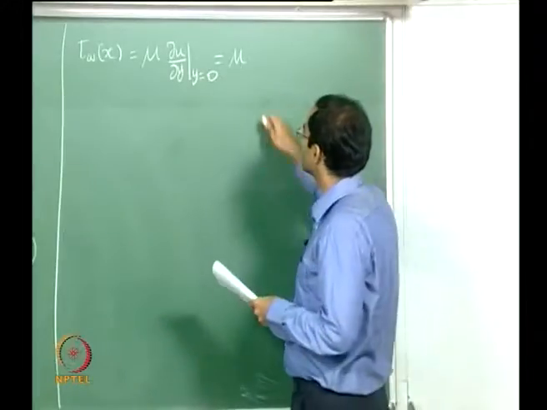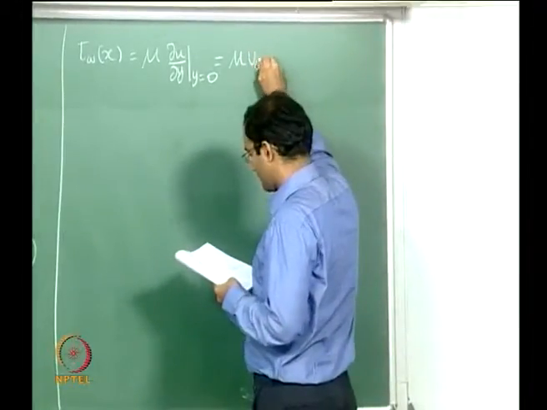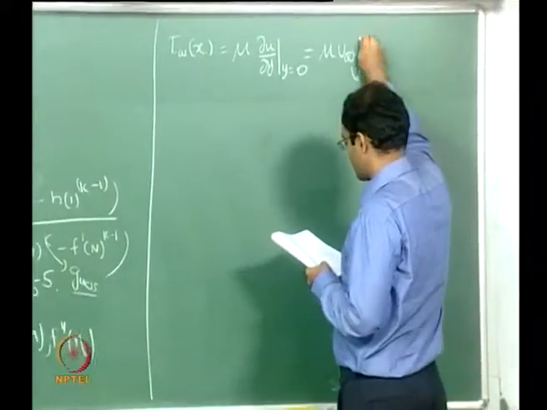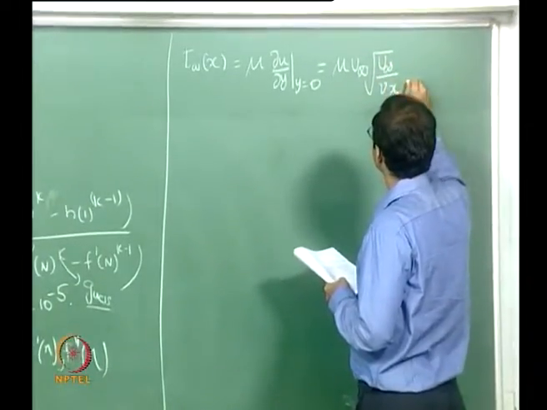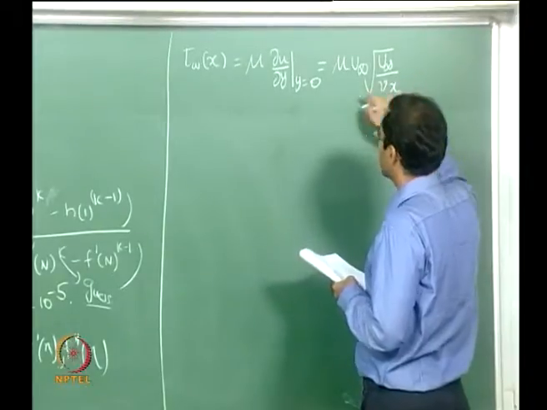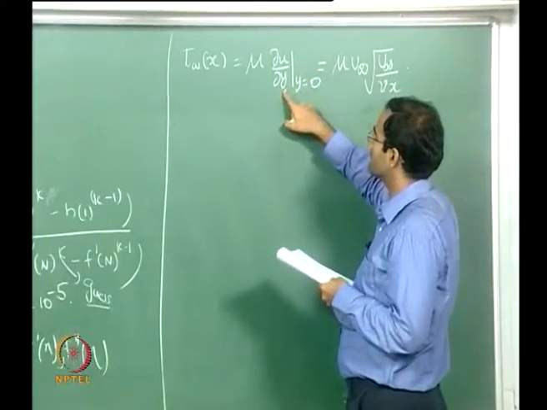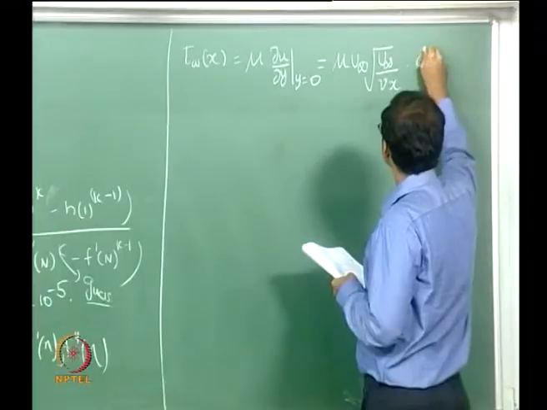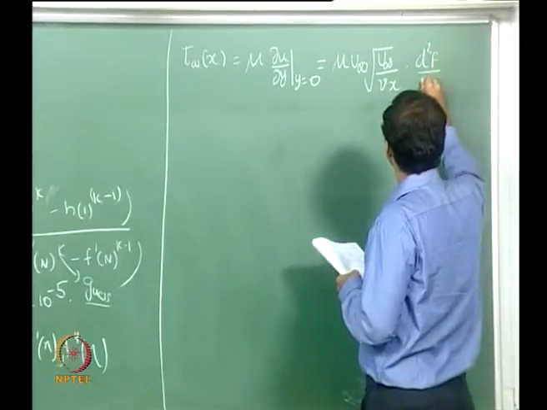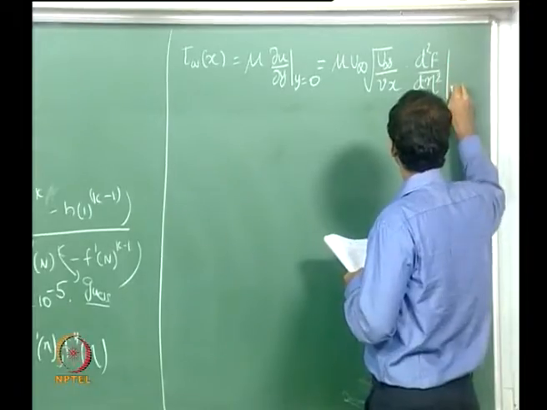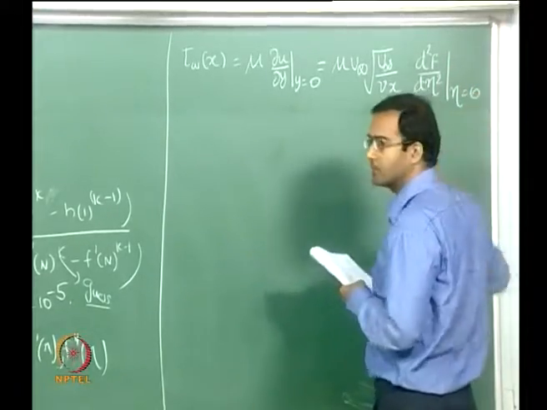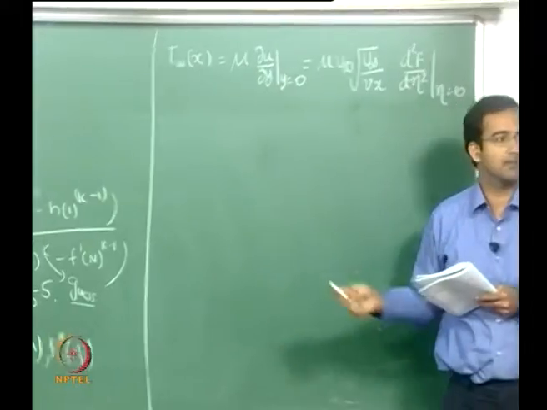Okay, u infinity, I think it was square root of u infinity by nu x, and of course du by d eta we can write as d square f by d eta square, and this is at eta equal to 0. I hope all of you have this.